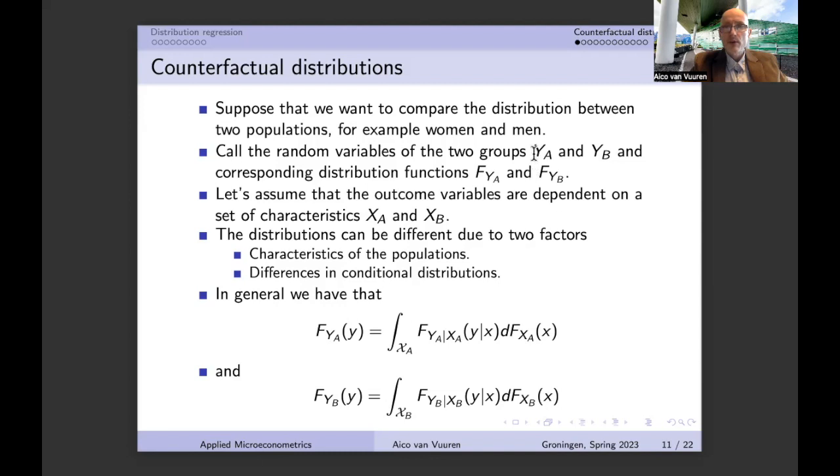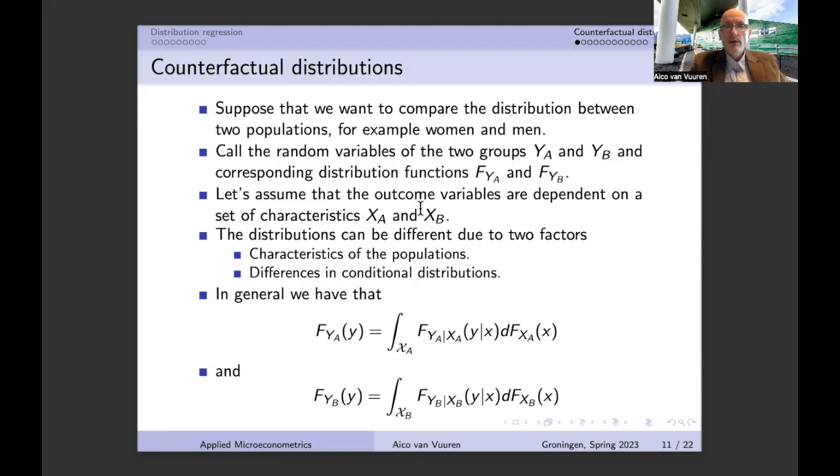So for example, we could say that YA are going to be the wages of the women and YB are going to be the wages of the men. In addition to that, so far we have only looked at a situation in which we look at the unconditional distributions, but we should take into account that there may be some characteristics that are going to explain the outcomes of YA and YB.